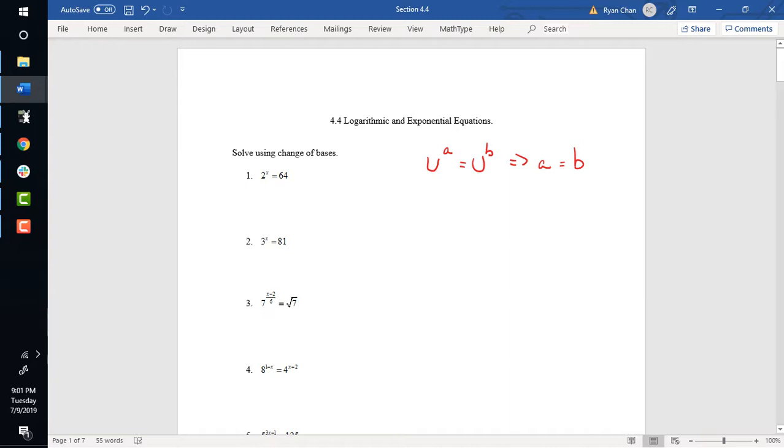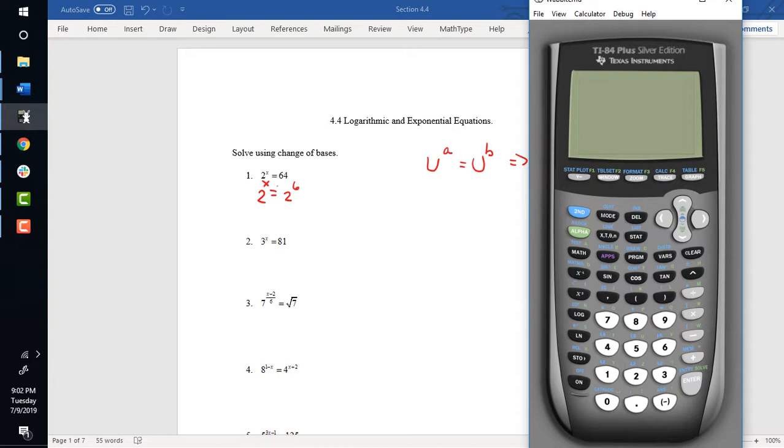Let me show you example number 1. So I have 2 to the x is equal to 64. One thing I realized is I could take 64 and manipulate this into a power of 2. So 64 is going to be equal to 2 to the 6. Here's the thing. If you don't remember, that's okay.